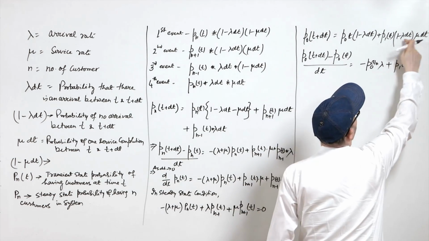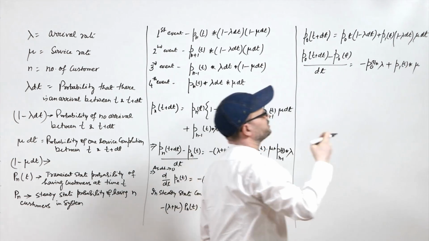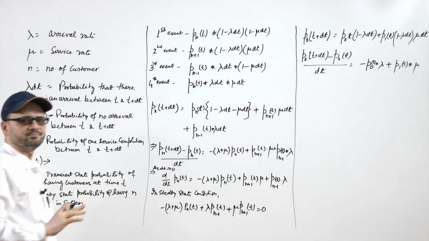The term lambda mu dt square anyway will be cancelled.